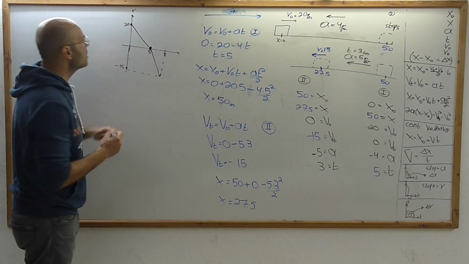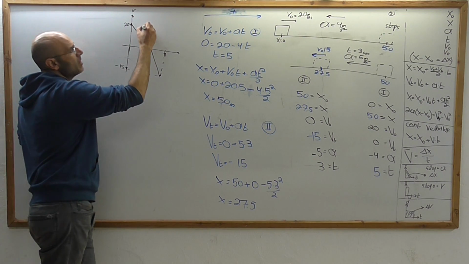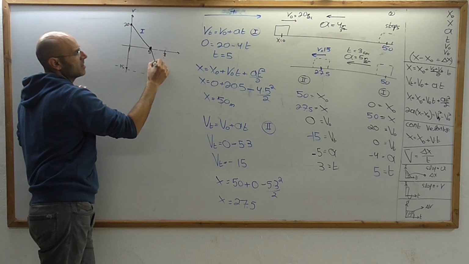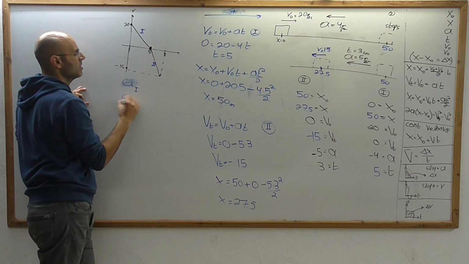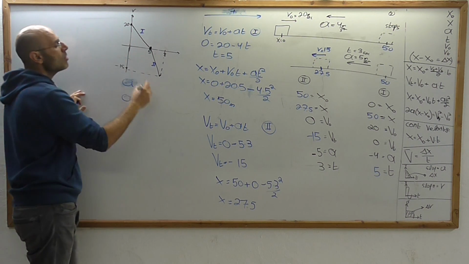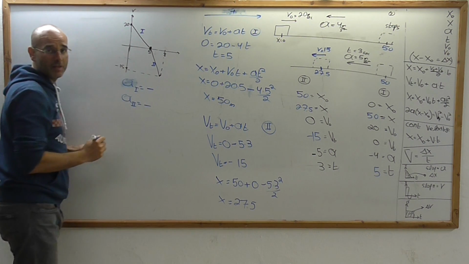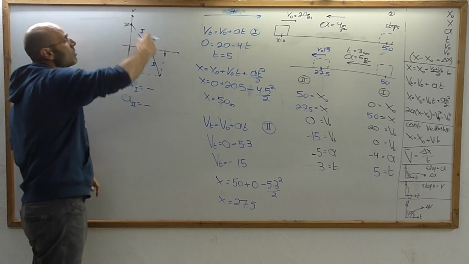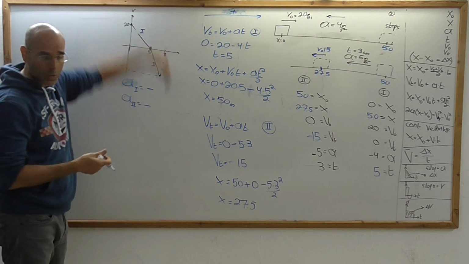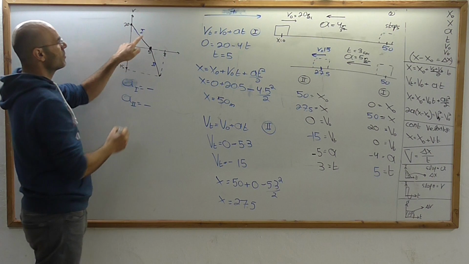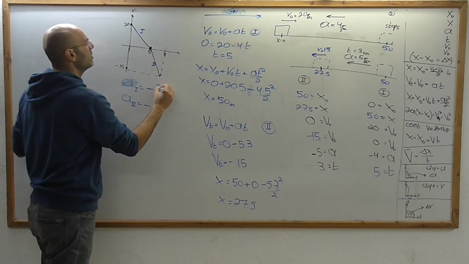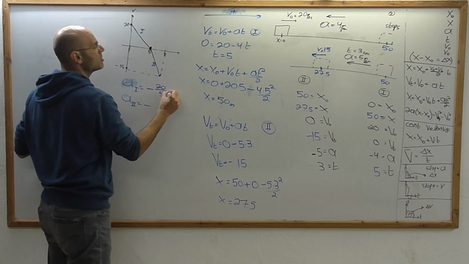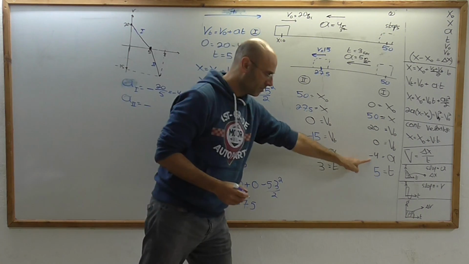Okay. First of all, this is the first part, this is the second part. Let's calculate the slope in the first part and in the second part. Both will be with a negative sign, minus, because they are both lines that go this way. If I want to find the slope of the first part, vertical over horizontal, 20 over 5, which is minus 4, exactly.